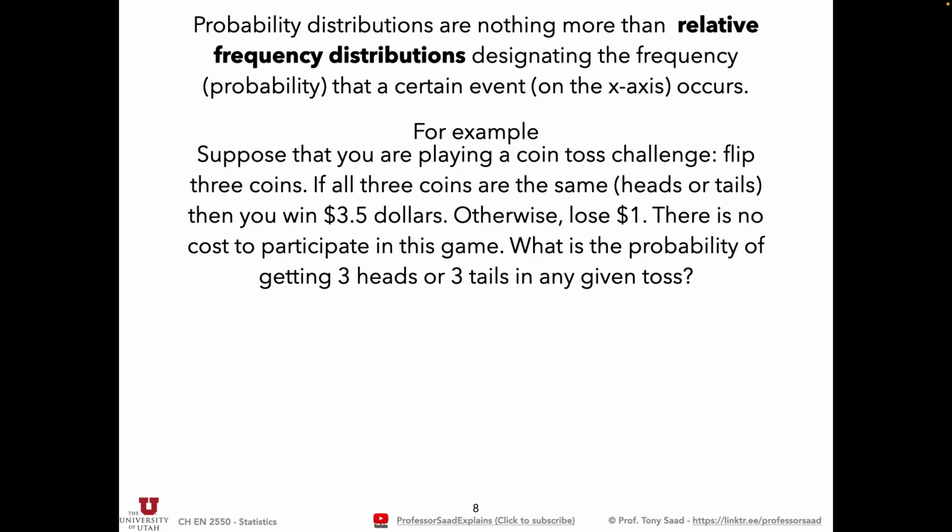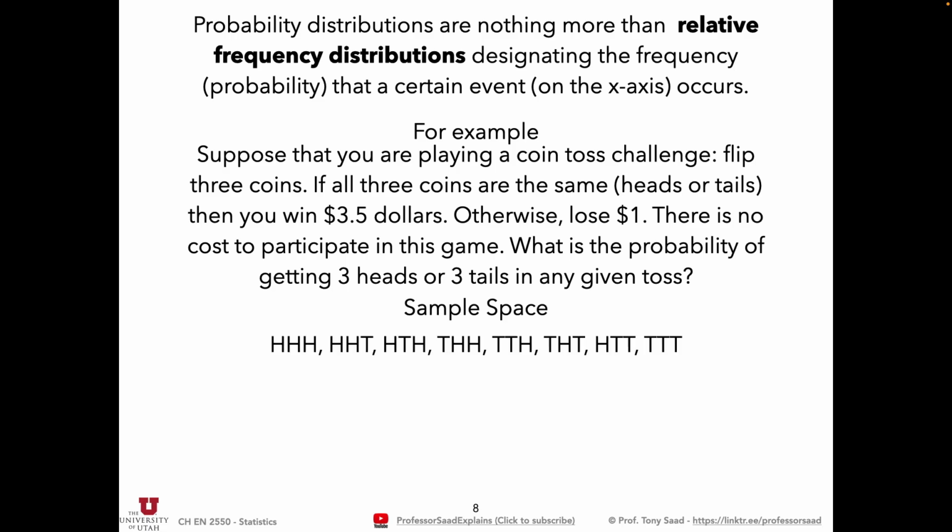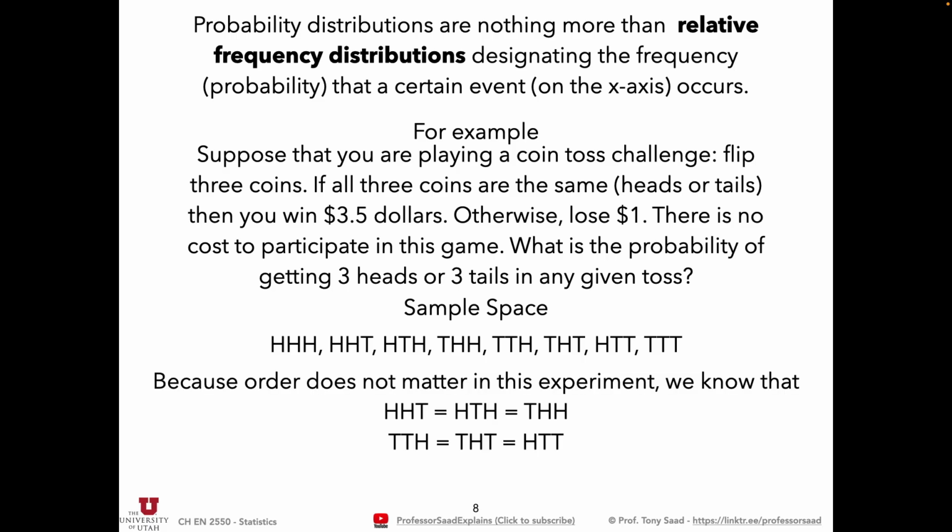So we understand how to do this. We can write down our sample space. We could have all heads, or 2 heads and a tail, 2 heads and a tail, 2 heads and a tail. The order doesn't matter here because it's either 3 heads or 3 tails. And then 2 tails and a head, 2 tails and a head, 2 tails and a head, and then 3 tails, right? So in this case, order doesn't matter. So we can combine these events together, HHT, HTH, etc., for all 3 coins.